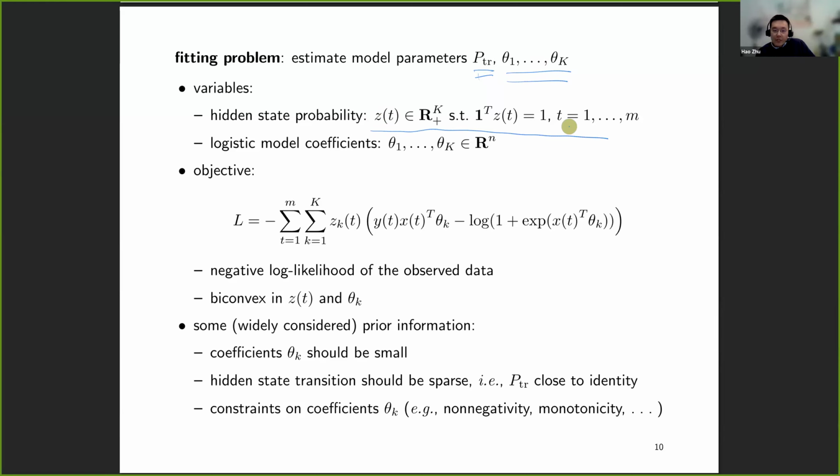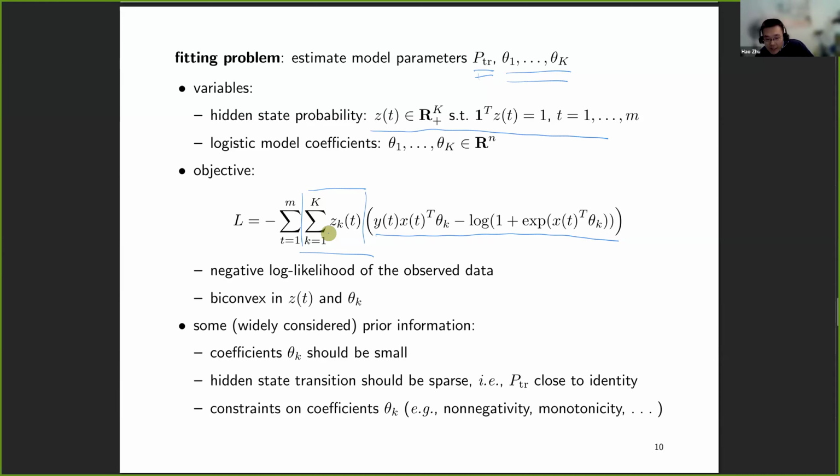And then the objective would be the negative log likelihood of the observed data. And this part is just the log likelihood under a logistic model, right? If you're familiar with that, you can recognize it easily. And then we have this part, right? This again, as in k-means, is just an expectation based on the soft label of the hidden states.